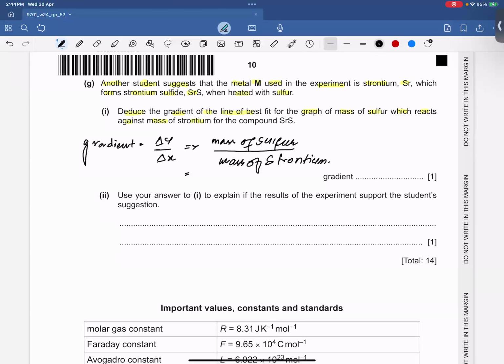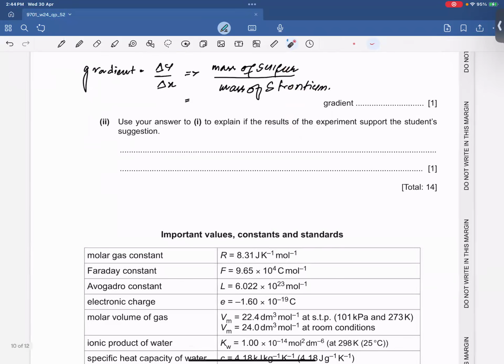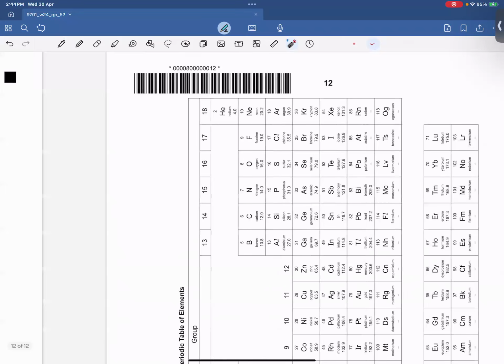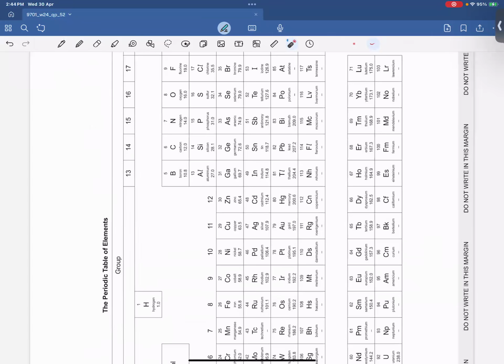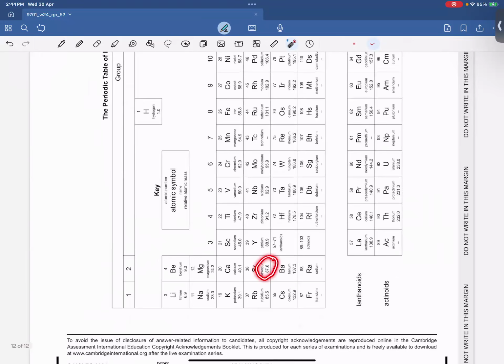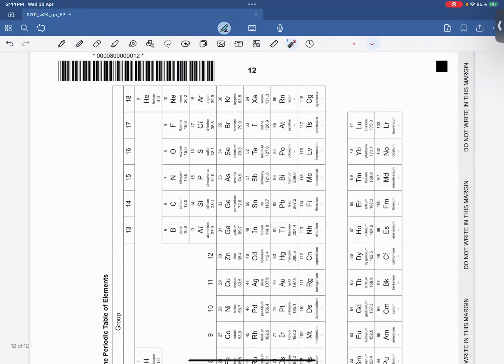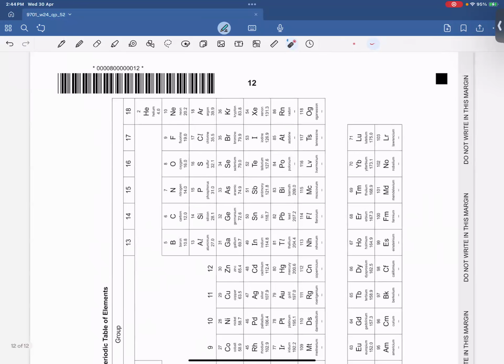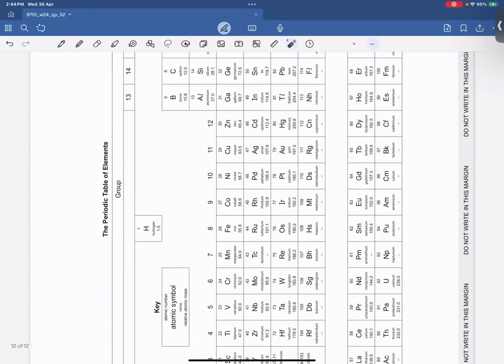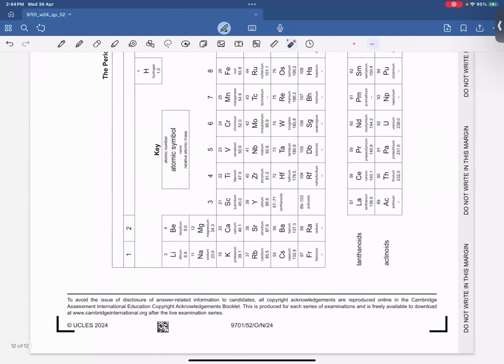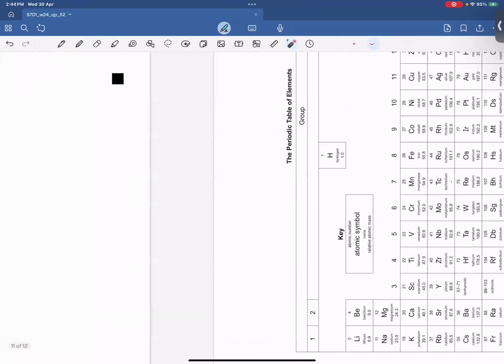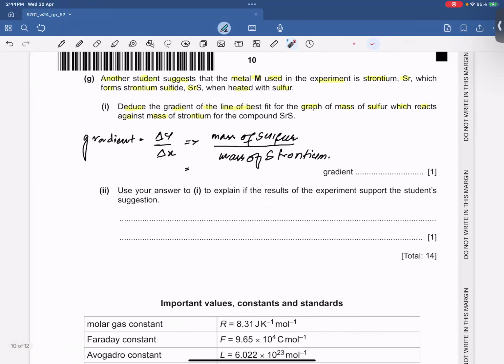So mass of sulfur is not given, mass of strontium is not given, which means we need to consider relative atomic masses of both the elements. And for that, let's move on to the periodic table. Strontium is found in group 2 of the periodic table. Strontium is 87.6 and sulfur is basically 32.1. So it's basically 32.1 divided by 87.6.